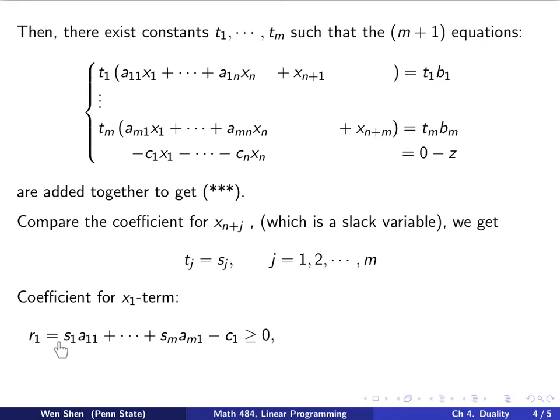So R1 will simply equal S1 times A11 plus dot dot dot, all the intermediate terms, and Sm times Am1, and then minus C1. That will be R1, and we already know that R1 shall be bigger than or equal to 0.